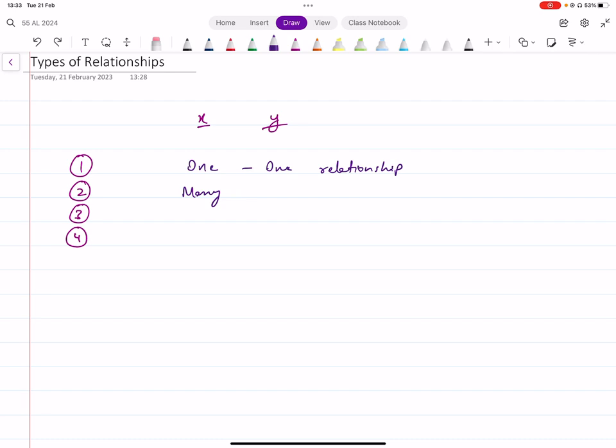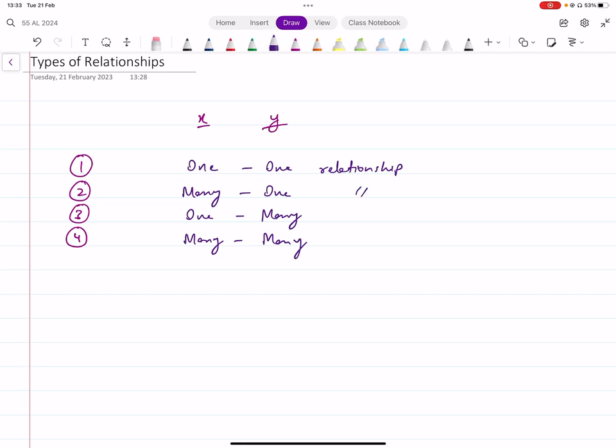Then you have many-to-one. Then you have one-to-many and many-to-many. Now, what exactly does this mean?